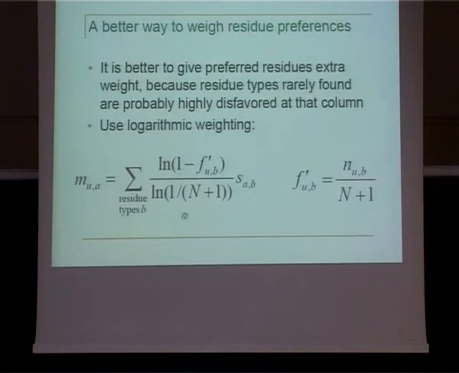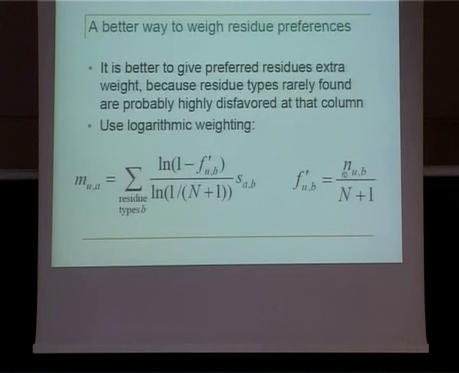So the natural logarithm of the frequency, and here we define a new frequency, f prime, as the count divided by N plus 1, so that this is always less than 1. We don't want ln 0 here. Therefore, we make this f prime something smaller than 1.